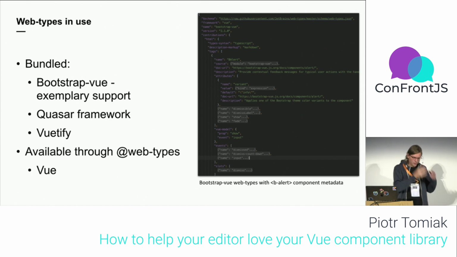And for the Vue library itself, we're also publishing Web-Types to the namespace because it's not yet bundled. I hope not yet. I hope it's going to be bundled at some point with the Vue library itself, and it actually encompasses all the documentation for Vue components. So for Vue directives and components which are embedded.